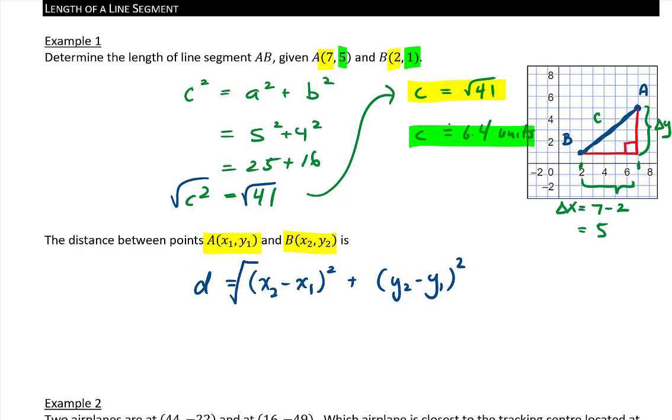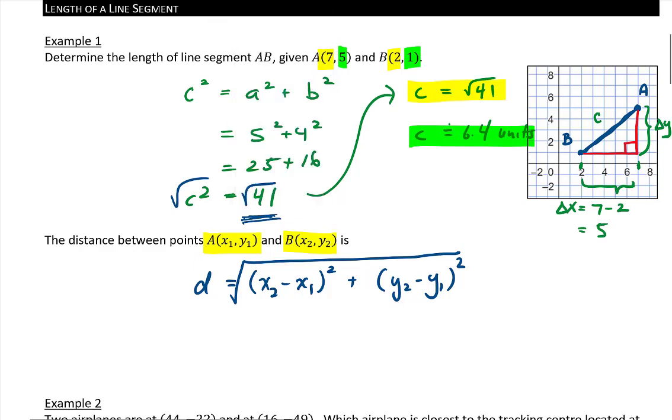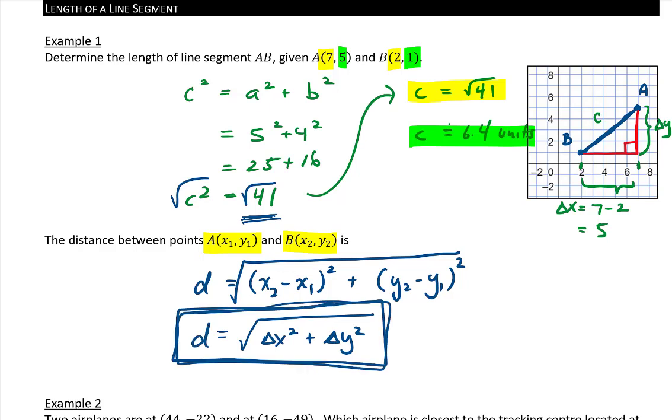Same thing we did right here. So that is one way to write the formula. Another way is to simply write it as the square root of delta x squared plus delta y squared. This is the distance formula for any 2 points on an xy plane.